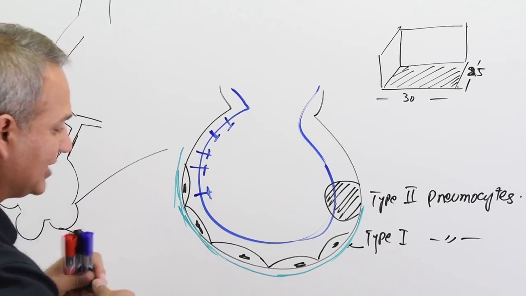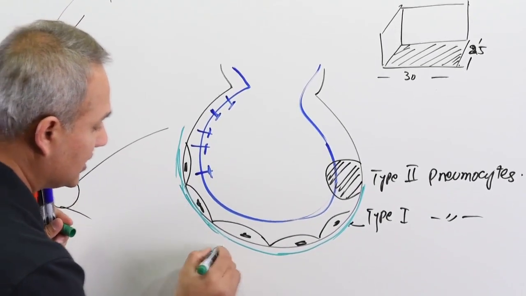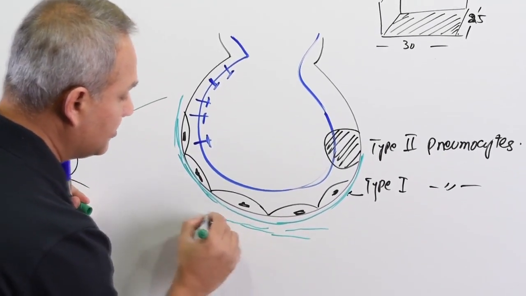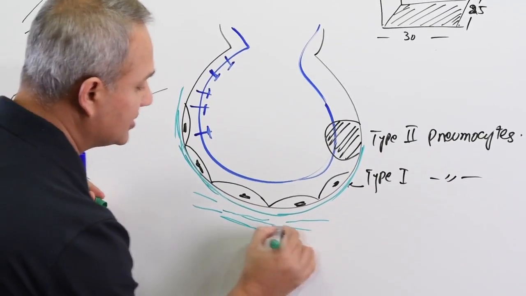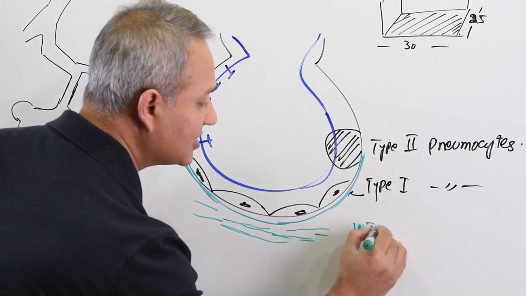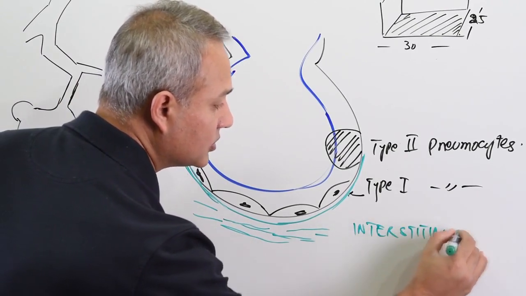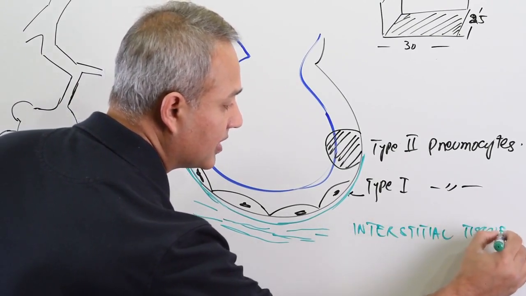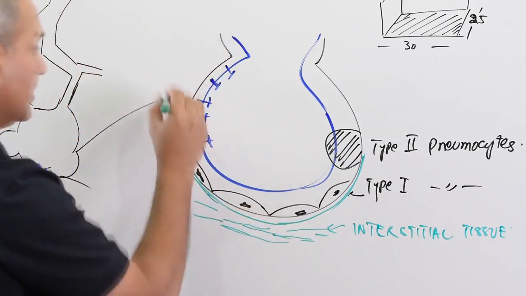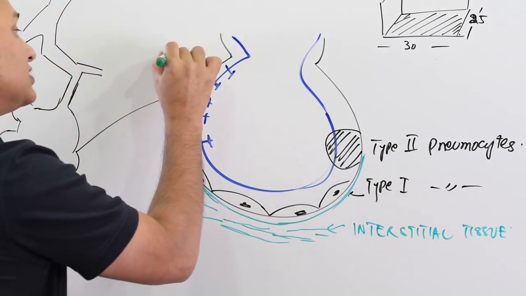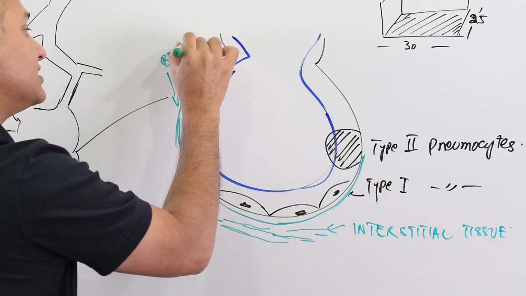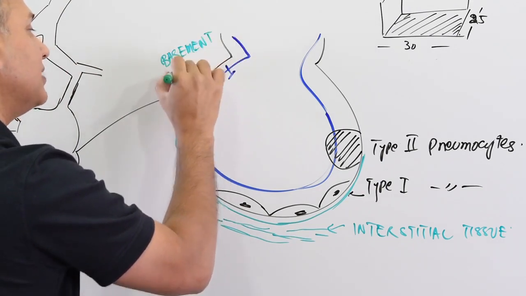I want to make that green as well, so make sure that you can differentiate between the basement membrane and the interstitial tissue. So this is the interstitial tissue, that is this one. This is the basement membrane. Which basement membrane? This is the epithelial basement membrane.